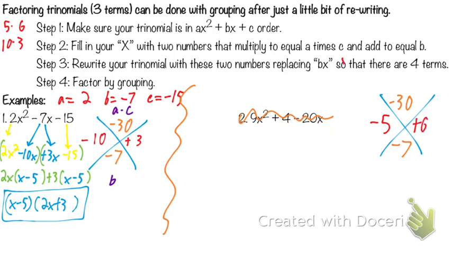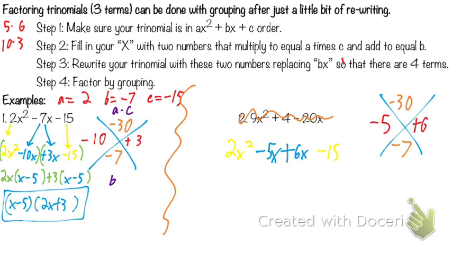Does it give us negative 7? No. Let's say I tried to do that, though. I still tried to force it to work. Well, I put 2x squared, and I still have that minus 15 at the end. And now my middle would be like a negative 5x plus 6x.